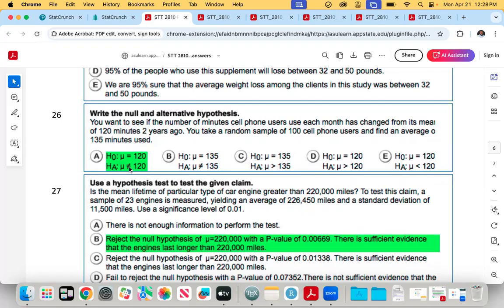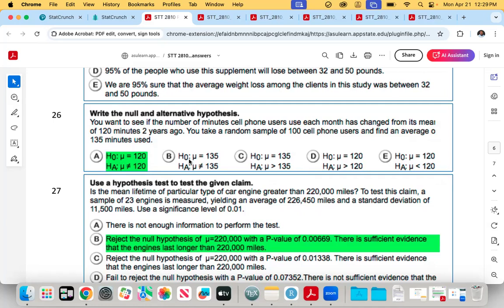Is that okay? Because it says has changed. If it says has increased, then it should be greater than. So we know it's equal to and not equal to. Based on that information, we can see C, D, and E are out. Now the contention is between A and B.